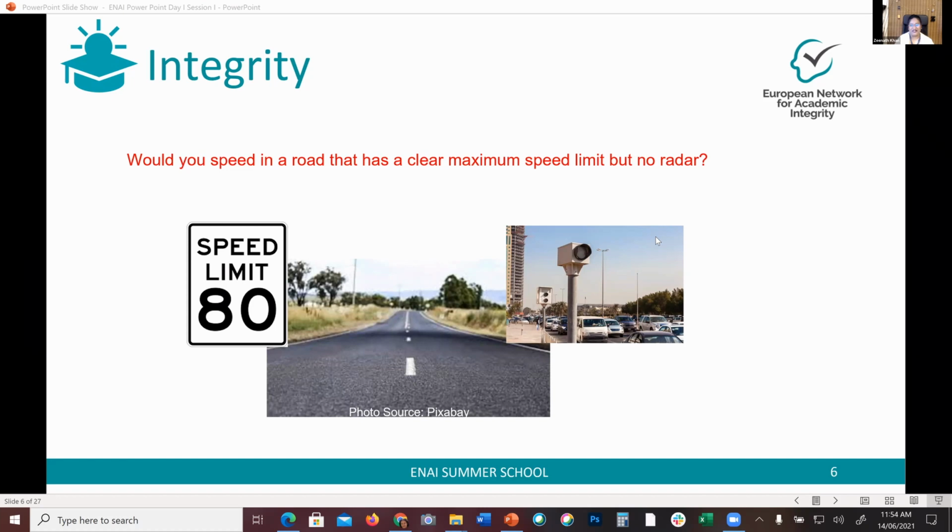A lot of us would. Now, can you tell me why you would speed? Particularly those of us who have said yes. I suppose one of the reasons is rationalization, yes, that you assume that there is no danger, so it's not a big deal that you exceed it a little bit because nobody is around.